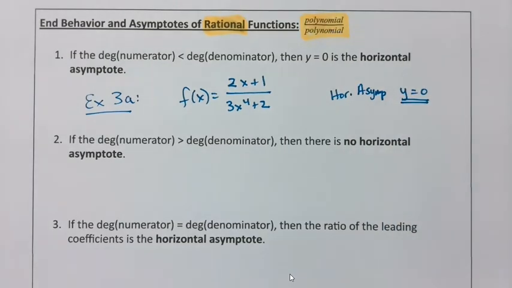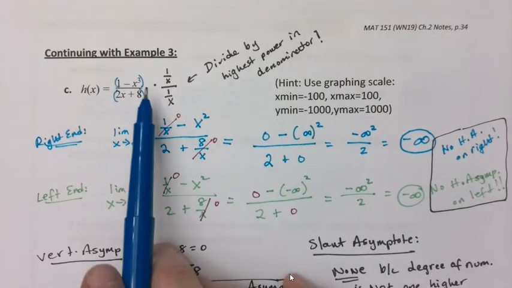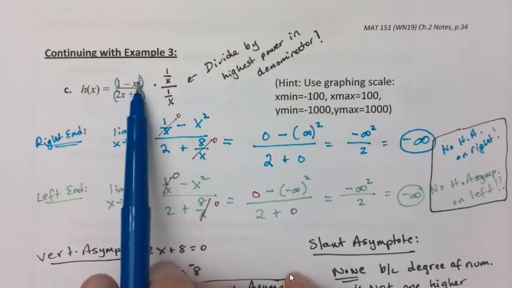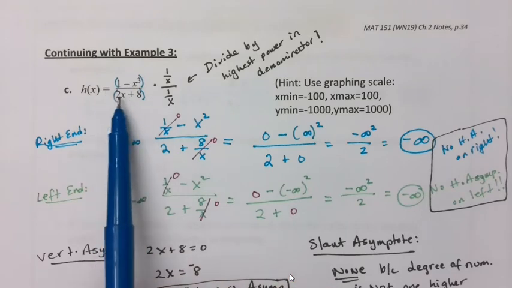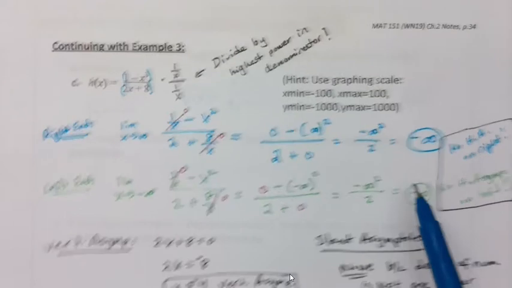Now, if the degree of the numerator is greater than the degree of the denominator, which we actually saw in example 3c right here, the degree of the numerator was 3, that's x cubed right there. The degree of the denominator was 1. When that happened, you see that we had no horizontal asymptotes.